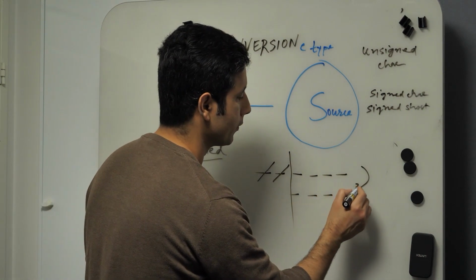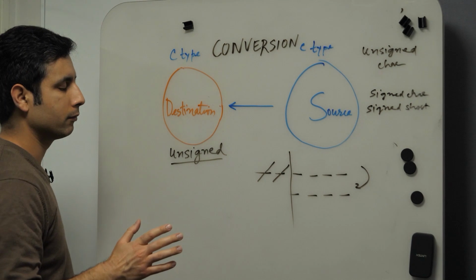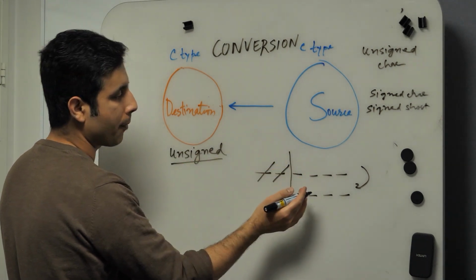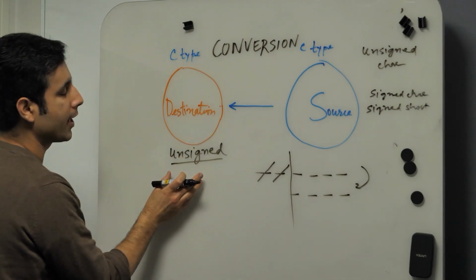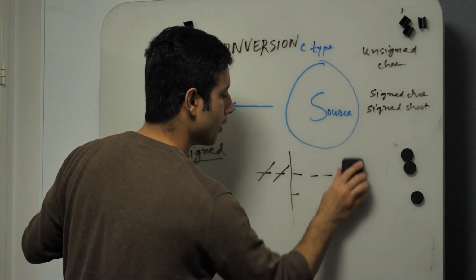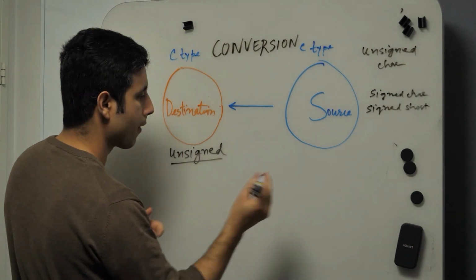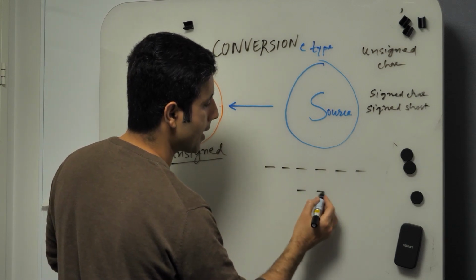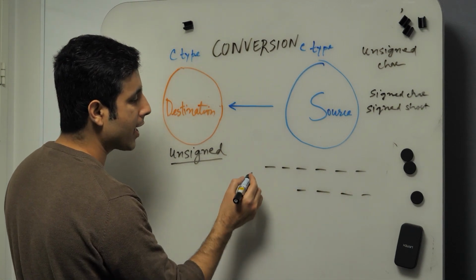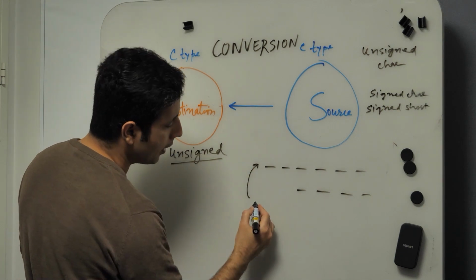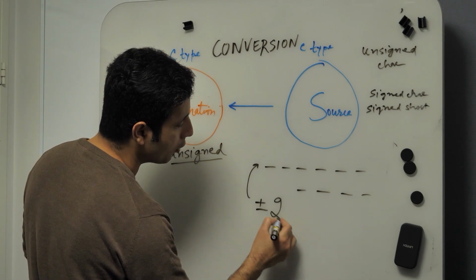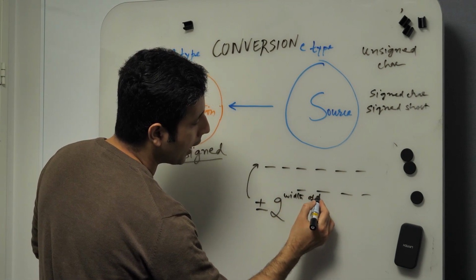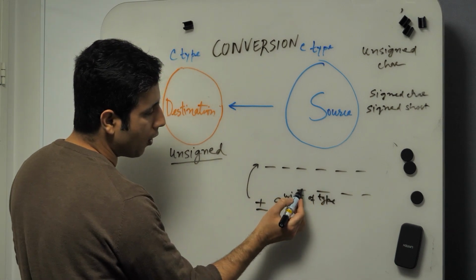to destination. What if the source is signed, not unsigned? This example is for unsigned source and unsigned destination. What if the source is signed and the source is bigger than destination? Then the standard says you keep adding or subtracting 2 raised to the power width of the type till it falls in this range.